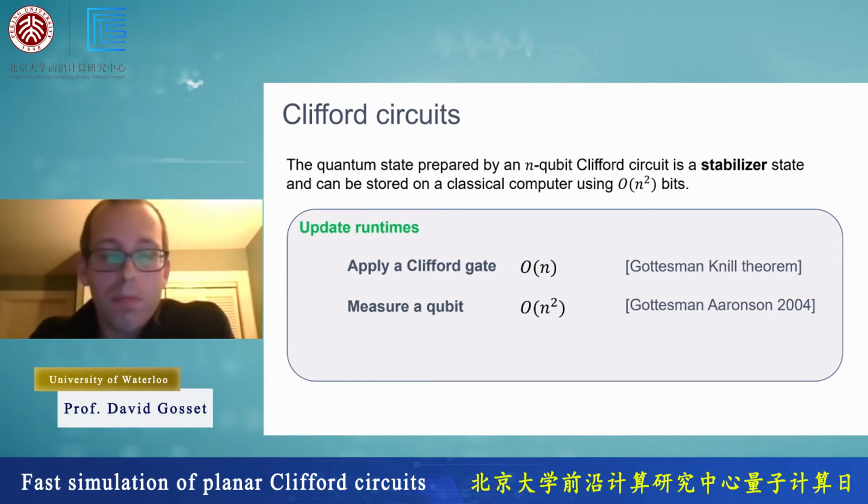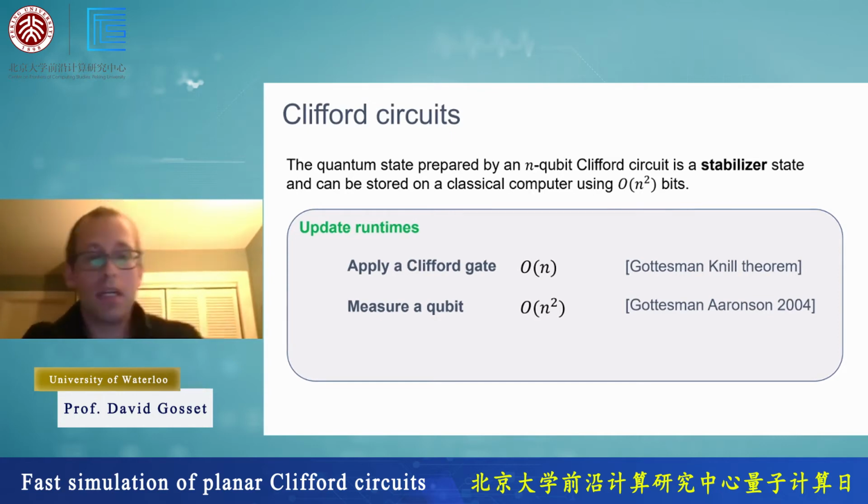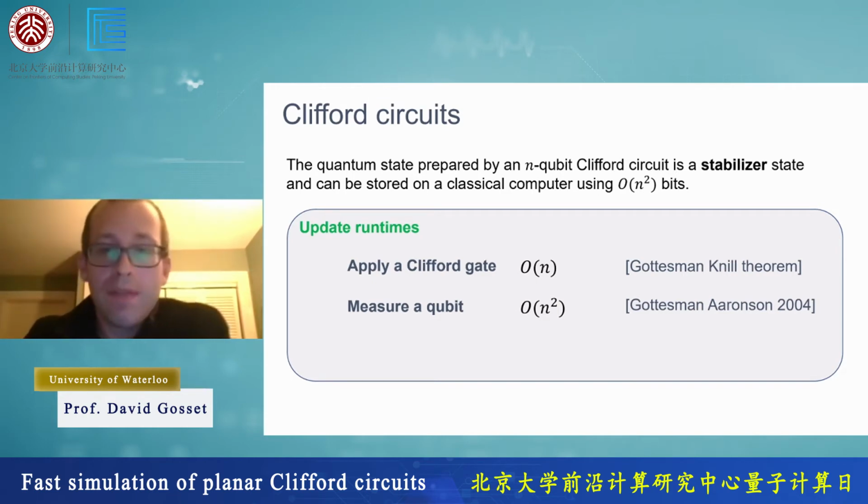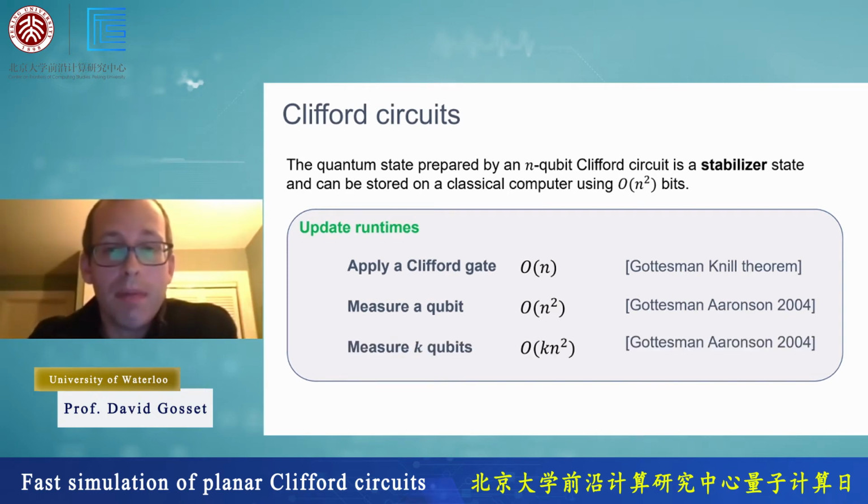For our purposes, later in this talk, it will be interesting to look at the case where we're measuring all of the qubits of an n qubit state. In that case, if you just take Gosset and Aaronson and measure each qubit sequentially, you would get a runtime of order n cubed. Or in other words, if you wanted to measure k qubits, it would be k times n squared.